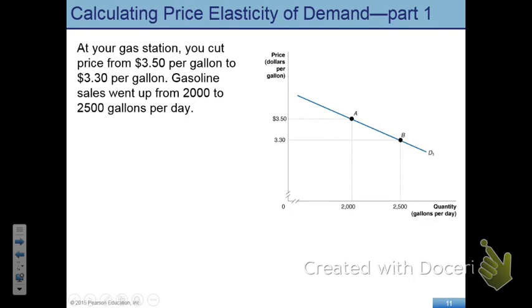Okay, so again the same problem. Imagine that our price is going down from $3.50 to $3.30. So we are indeed considering a price decline.